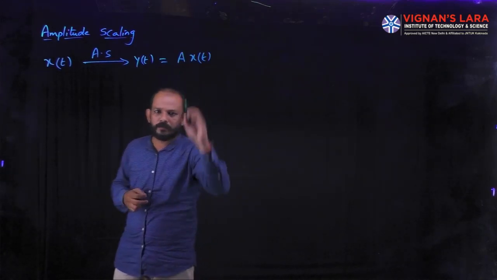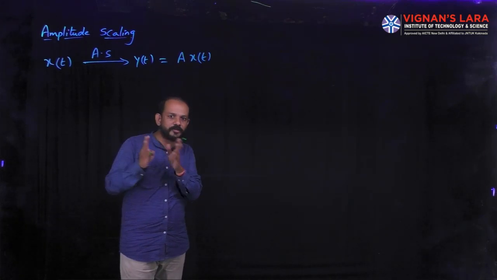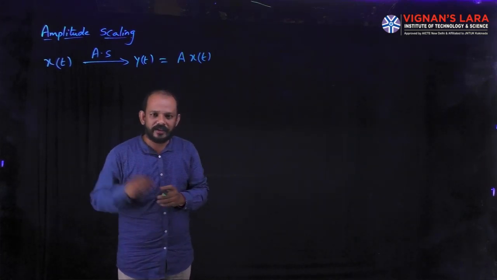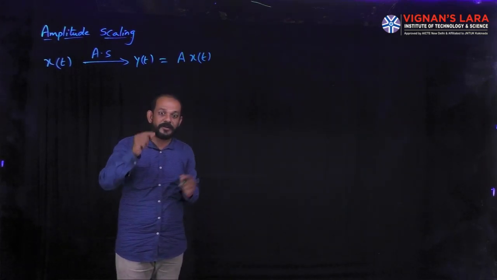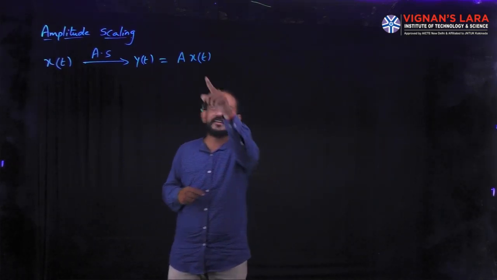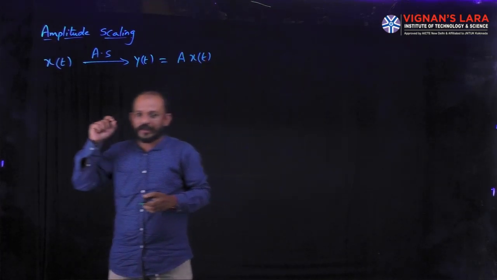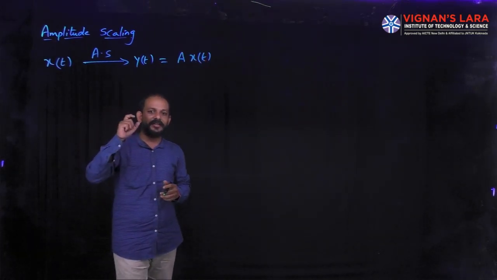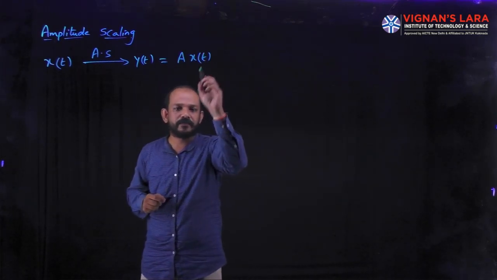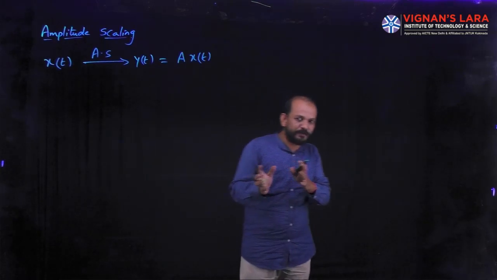Now, see the difference between time scaling and amplitude scaling. The small a constant is multiplied to the t inside of x of t. So inside x there is t. Now in time scaling, that a is multiplied to the time. Hence there is a change with respect to time.